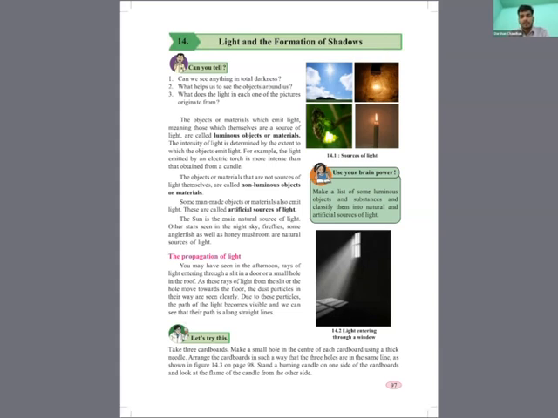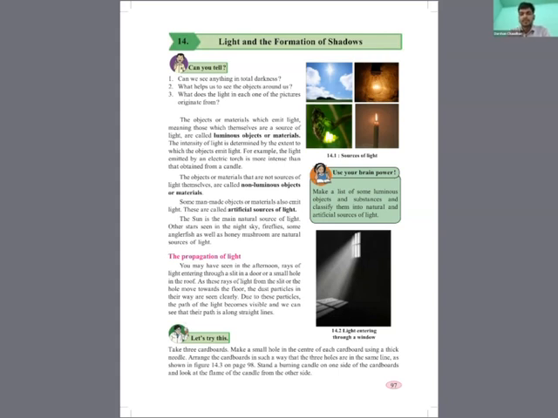There are different examples of light, like the sun, moon, or electricity.